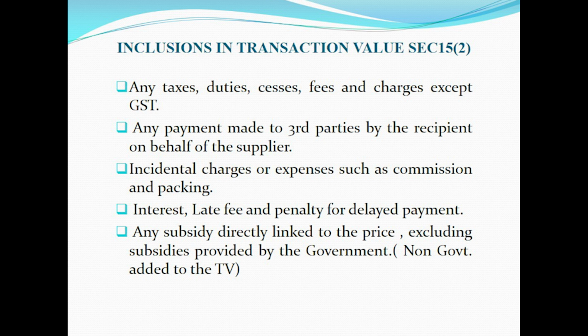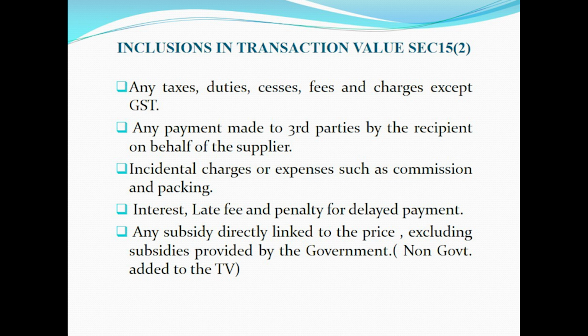Secondly, it also includes the payment made to third parties by the recipient on behalf of the supplier, and it includes the incidental charges, that is those charges which are directly related to the manufacture of the product, like commission charges or packing charges or warehousing. And transaction value also includes interest, late fee and the penalty for the delayed payment.